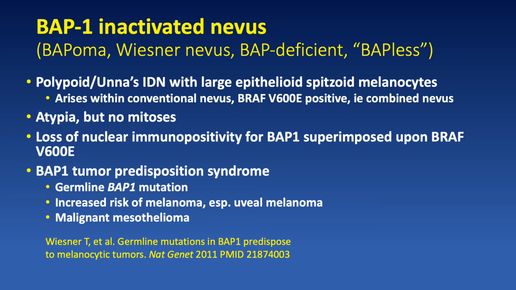In the BAP1 inactivated nevus, there can be striking atypia, but concomitantly little to no mitotic activity. And a minority of these individuals have many such lesions, signifying the possible association with a tumor predisposition syndrome associated with germline BAP1 mutation, with other characteristic features including uveal melanoma and malignant mesothelioma.